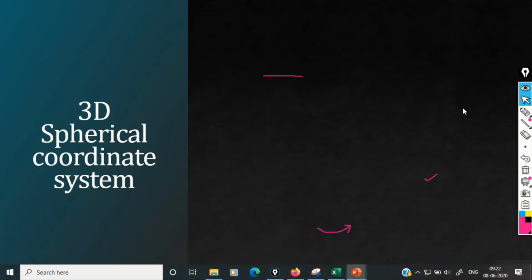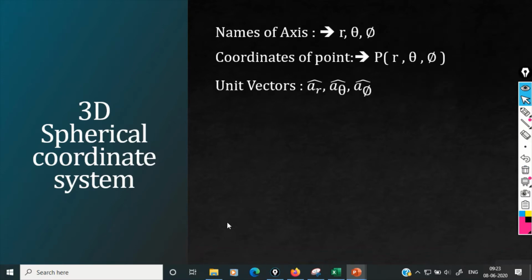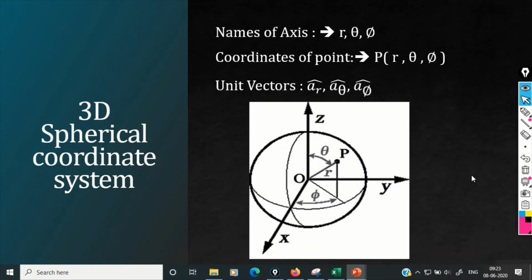Let us look at the last coordinate system, that is spherical coordinate system. Spherical coordinate system includes three axes r, theta, phi. Hence, the coordinates will be P(r, theta, phi). Three unit vectors in spherical coordinate system: ar cap, a theta cap and a phi cap. In the diagram representing a point, theta is measured here.